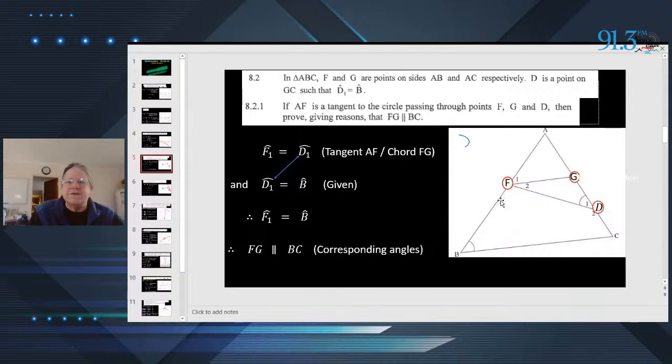So AF is a tangent, the circle is passing through F, G, and D. So we now need to prove with reasons that FG is parallel to BC.